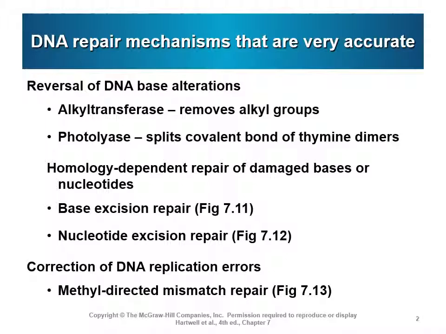And then if we are talking about already DNA replication errors, which are already part of the genetic information, then there is a methyl-directed mismatch repair mechanism that can be used in order to repair these errors.